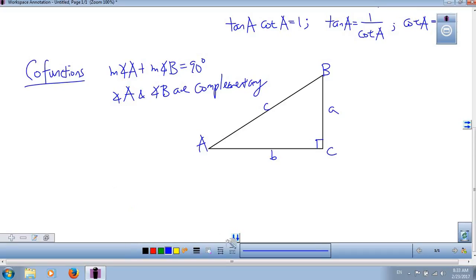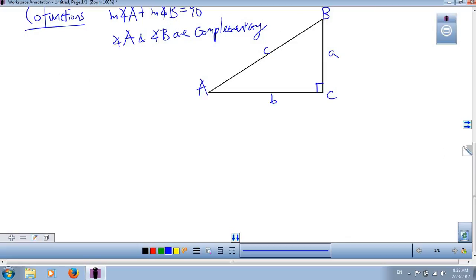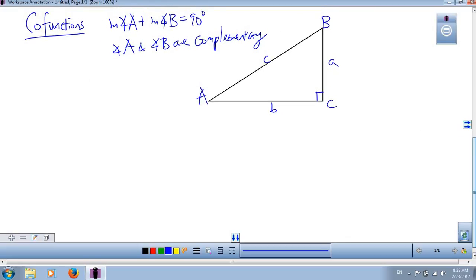Alright, let's go ahead and consider angle A and angle B and their sine values and cosine values. We're going to do it very quickly.